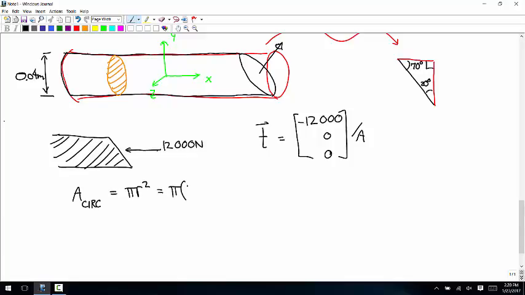So pi times 0.02 squared. And here's the other thing that we know. The ratio of the area that we want of this inclined face, so that's the area we want.